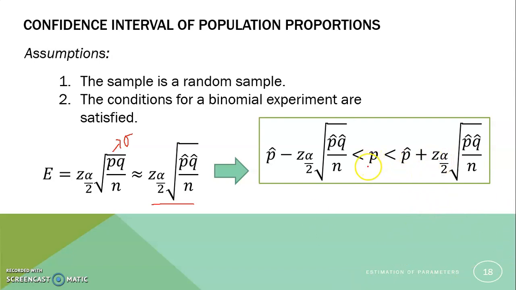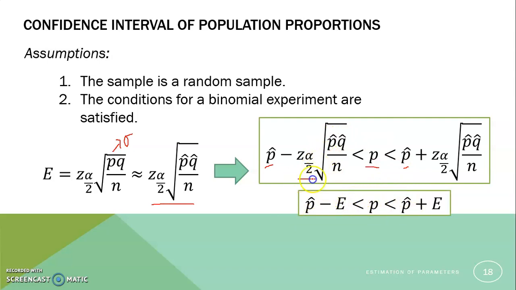As you can notice, in our middle part, it is no longer X bar or sample mean, but P hat, because it is the proportion that we are dealing with. So to make it short, our formula is this one, where we just substitute E here. Okay, I think that's clear.